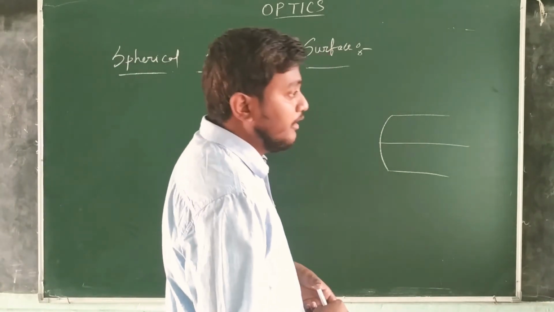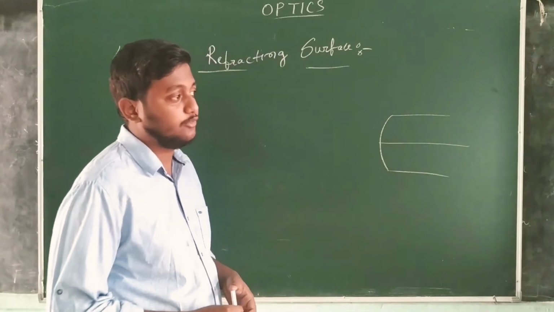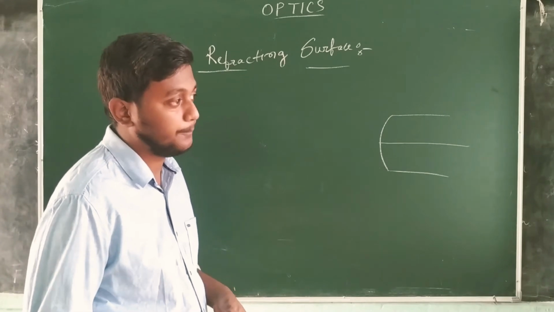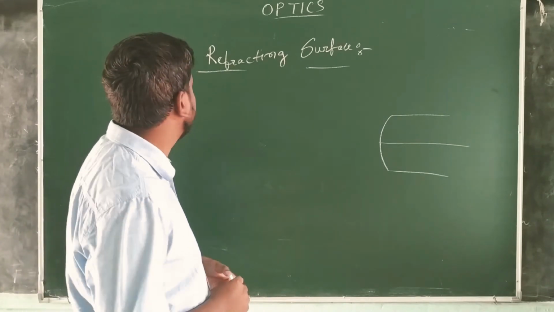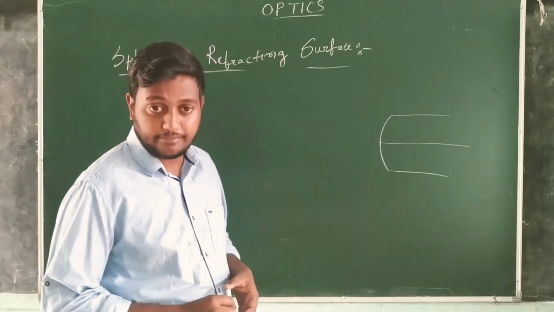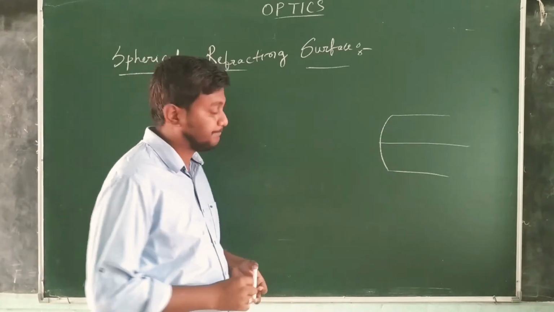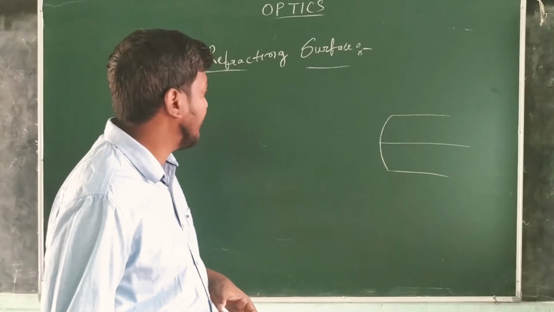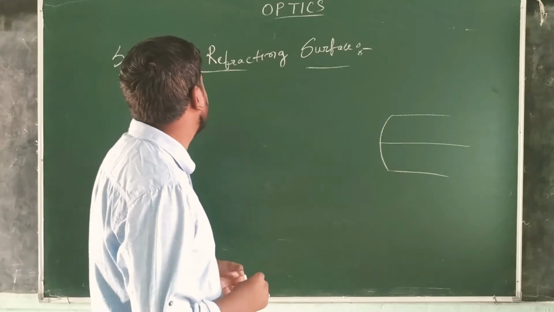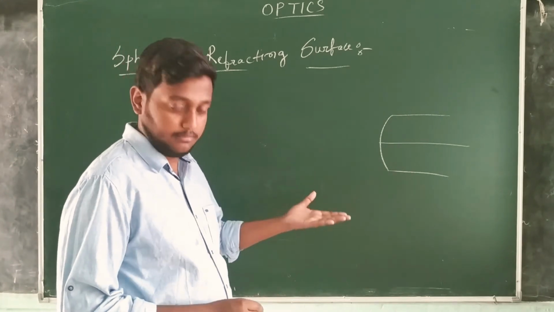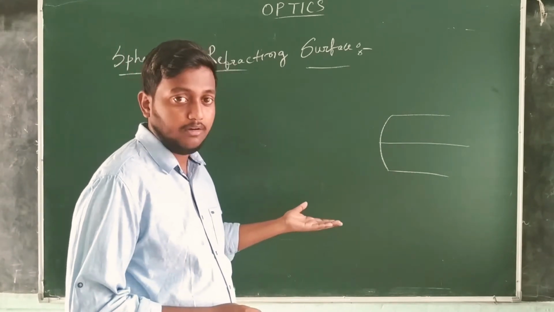In the case of reflection, we discussed the spherical mirror. Now we will discuss the spherical refracting surface. First of all, we see how a spherical refracting surface is made.